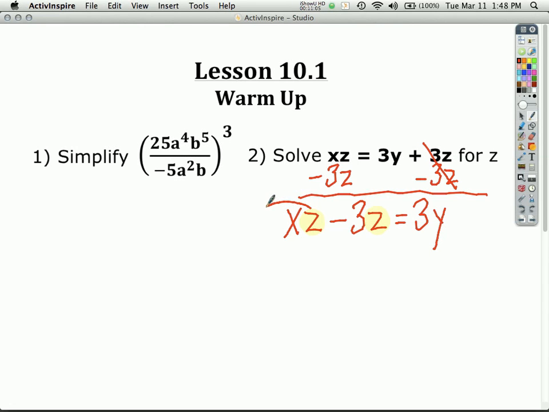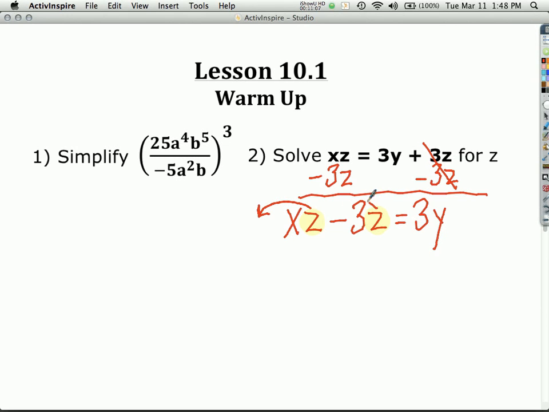So the z is going to come out here along with this one. So the z is on the outside. What is left over on the inside? What's left over? Kayla? Very good. The unhighlighted part is left over, x minus 3. Now look at what just happened.